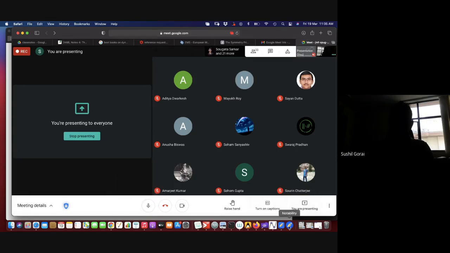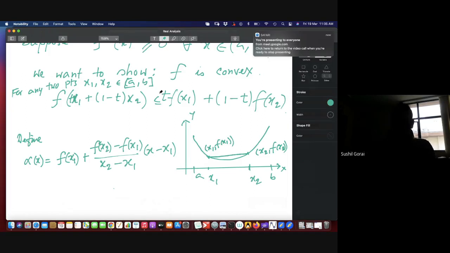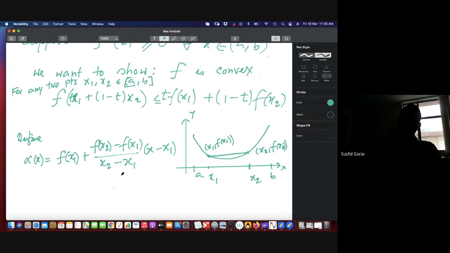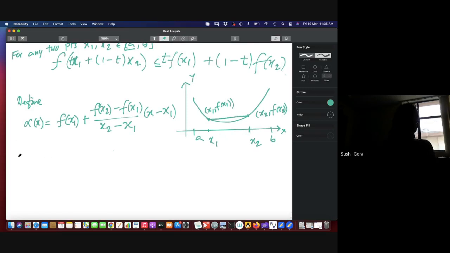Okay, so sorry for this disturbance. We want to define alpha x as this one, the equation of the line. Now define another function, because we actually want to look at the difference between these two.